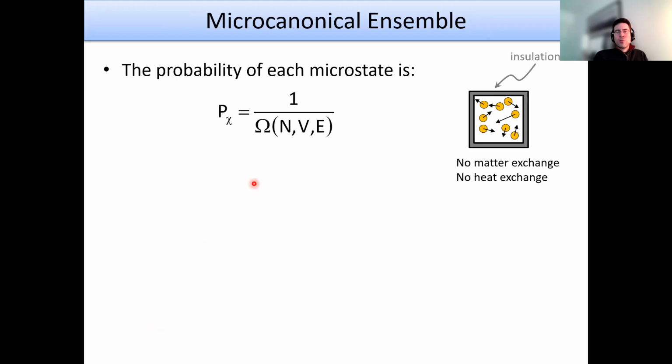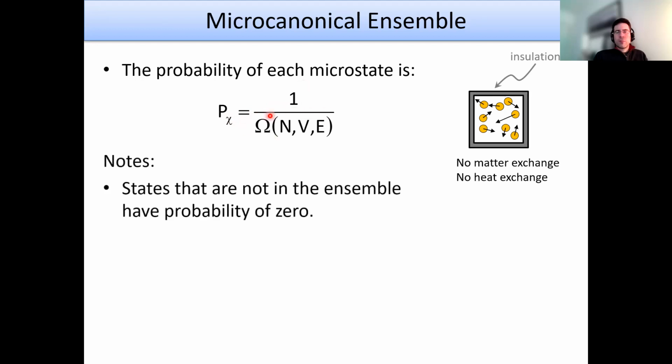Now we're going to deal with the discrete systems, which are slightly easier. So we're going to deal with the degeneracy and the probability of each microstate. P of chi for that state is equal to 1 over the degeneracy, very simple. And of course, we know that states that do not have this number of particles or this energy have probability 0.